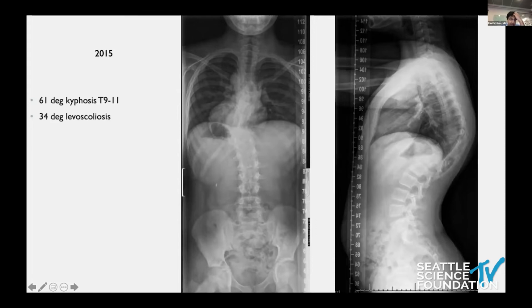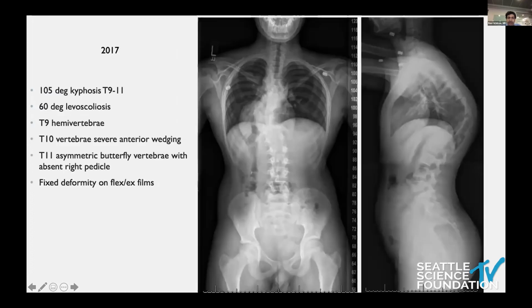So this is when he came in at 11. He has this 61-degree kyphosis, T9 to T11, and a 34-degree coronal curve. Discussions about surgical treatment were starting to be had at this point. We see him in 2017 with significant progression, where his kyphosis is now 105 degrees.